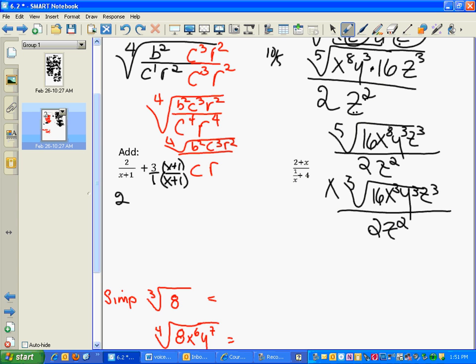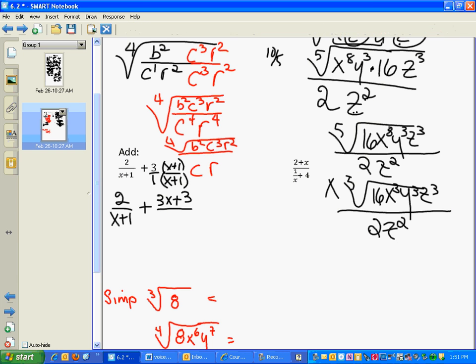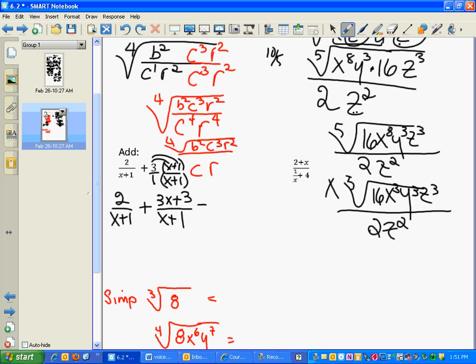So that means I have 2 over x plus 1 plus what? 3x plus 3 over x plus 1. So when our denominators are the same, what do we add? The numerator.